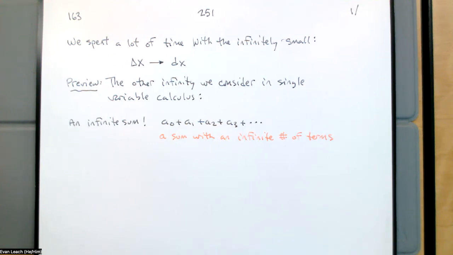So this gives us a different kind of infinity. This kind of infinity, we would classify as what we call a countable infinity.